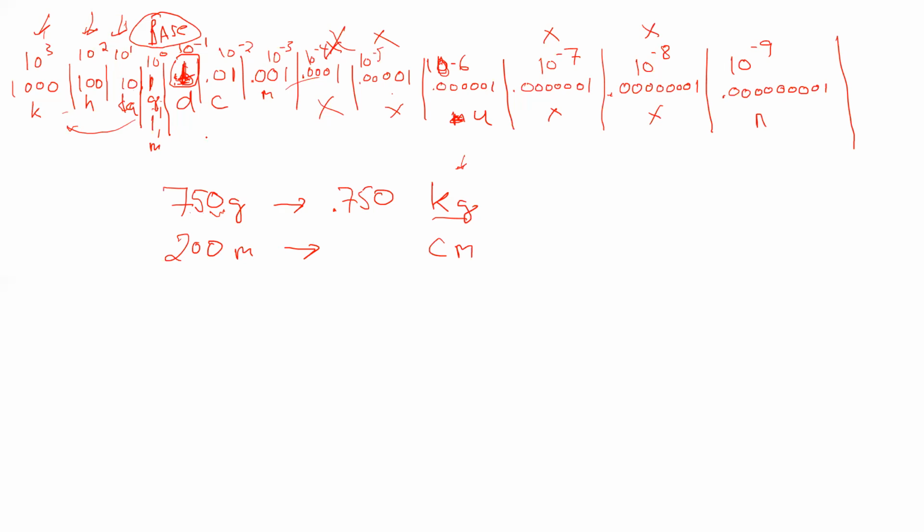So now we're going from meters, which is a base unit, to centimeters. How many places are there between meters and centimeters? Actually, let's do 2 meters. It's bigger. 2 meters. So the decimal point is here, right?